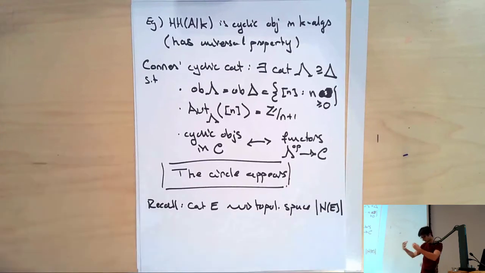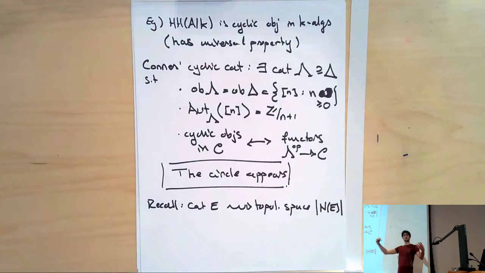So I've got my category, and I look at the simplicial set in which the n simplices consist of chains of n composable morphisms in my category. That gives me some simplicial set. I then geometrically realize it by viewing the n simplices as being honest topological simplices. And that spits out a topological space from my category.